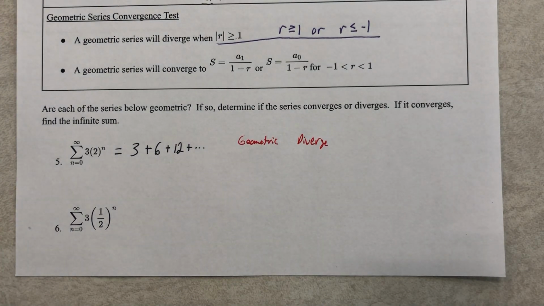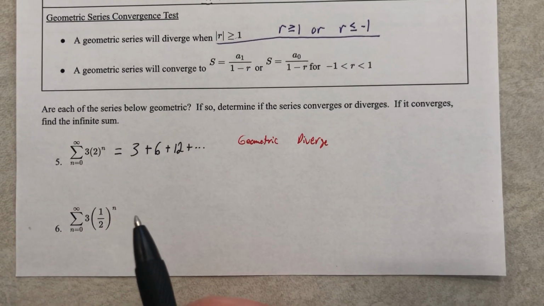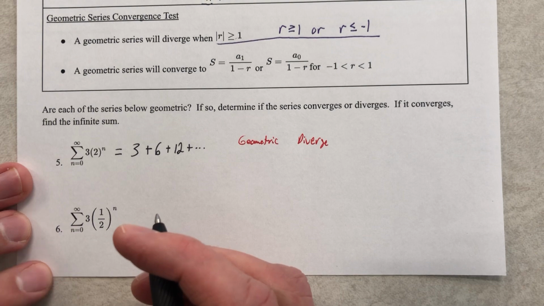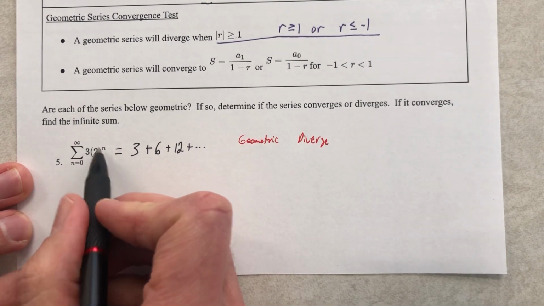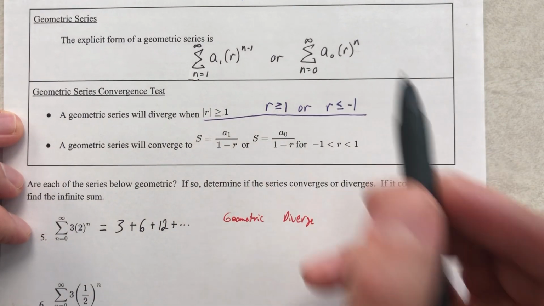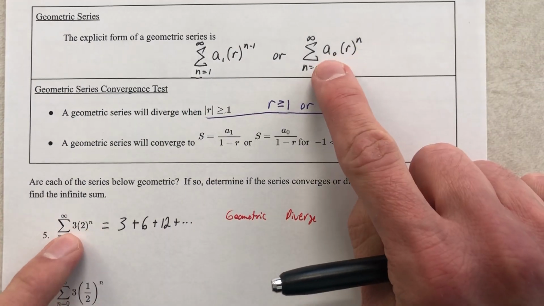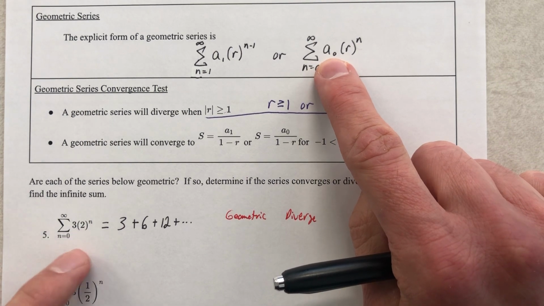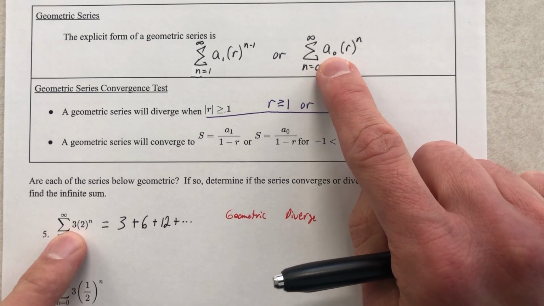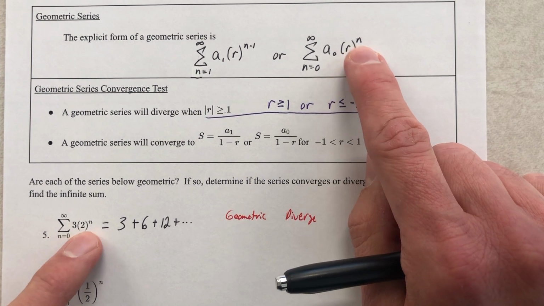Okay, let's approach this from a different perspective. Let's suppose we don't want to make this list and we want to clear our throat. So what we should do is look at the structure of this and compare it to the explicit form of a geometric series, and we can see that they really are the same thing. So your zeroth term, the first term technically, but you'd plug in a 0 to get it, would be 3. And then r is your common ratio, and then you're raising it to the n power.